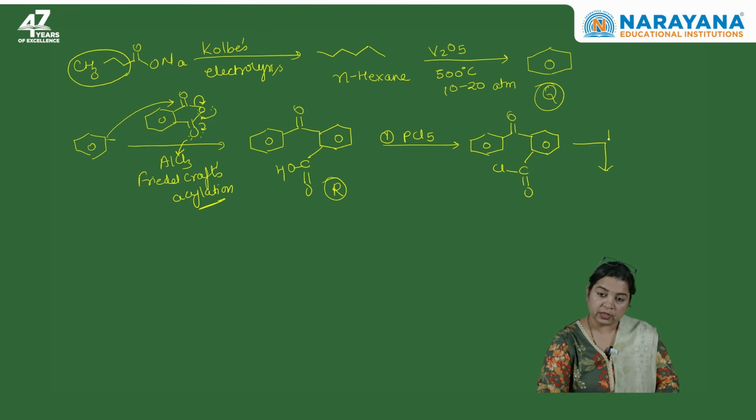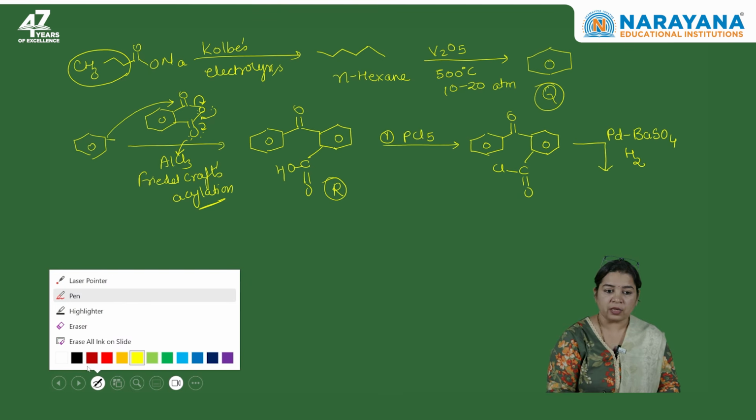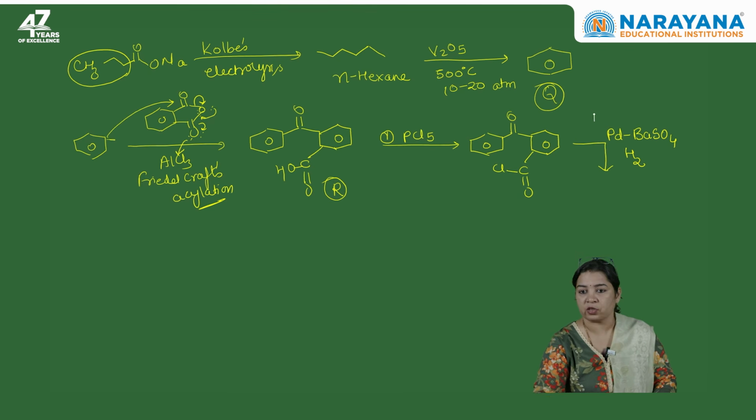Moving forward, it says take palladium poisoned by barium sulfate and hydrogen. So it is a hydrogenation reaction, a reduction reaction. And I hope all of you must be identifying this reaction as the famous Rosenmund reduction.